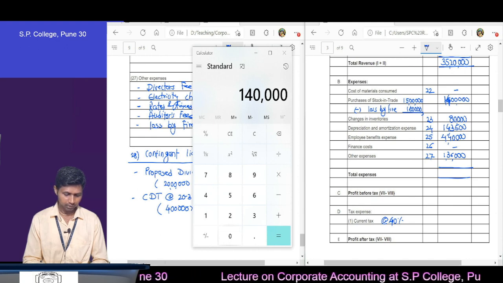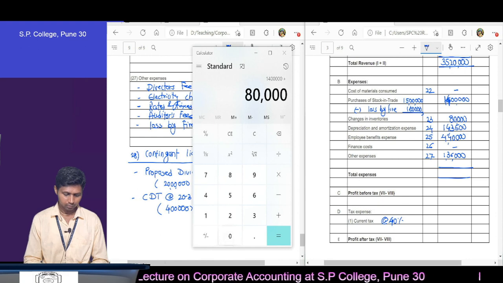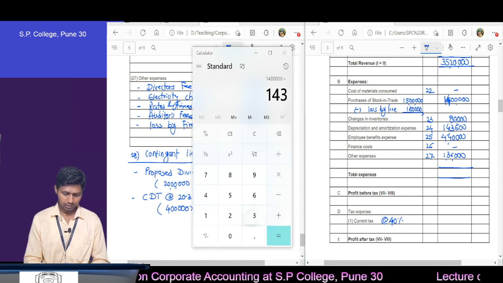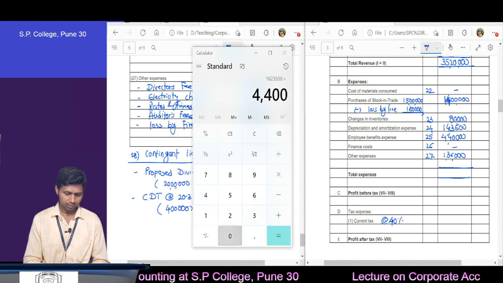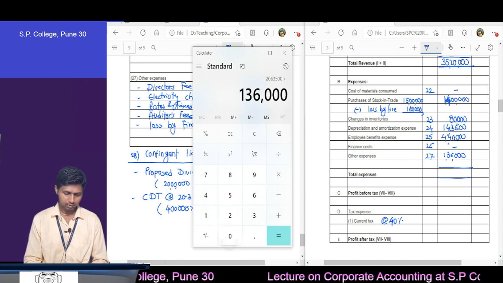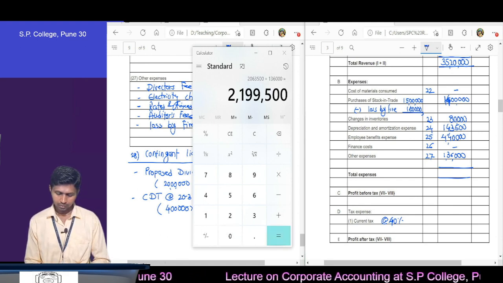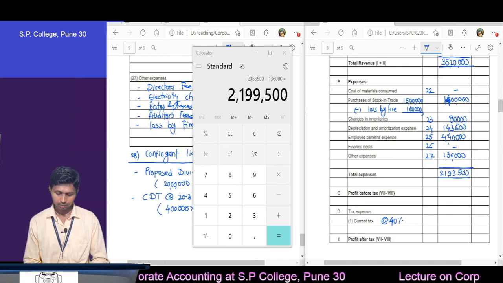Correct, first 14 lakhs. Then plus 80,000 plus 1,43,500 plus 4,40,000 plus 1,36,000. That means you will get there 21,99,500. Correct.